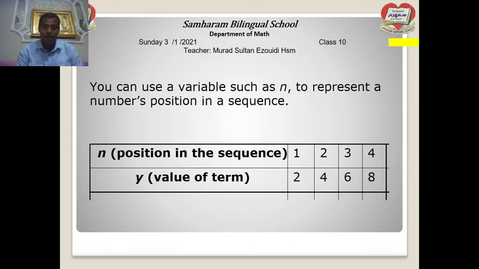When n equals 1, the first term is 2. When n equals 2, the second term is 4. When n equals 3, the third term is 6, 2 multiplied by 3. When n equals 4, the fourth term is 8, 4 multiplied by 2.